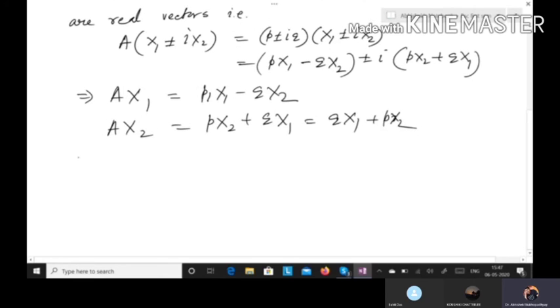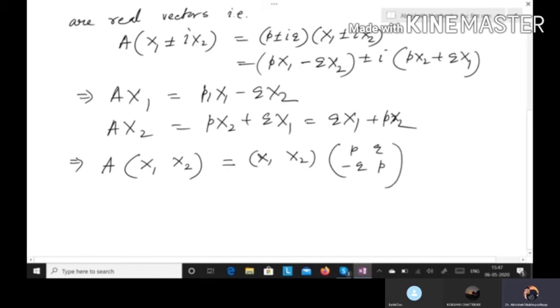Now if we want to write this in matrix form, then we can write it as A of (x1 x2) equals (x1 x2) times the matrix (p q; minus q p).